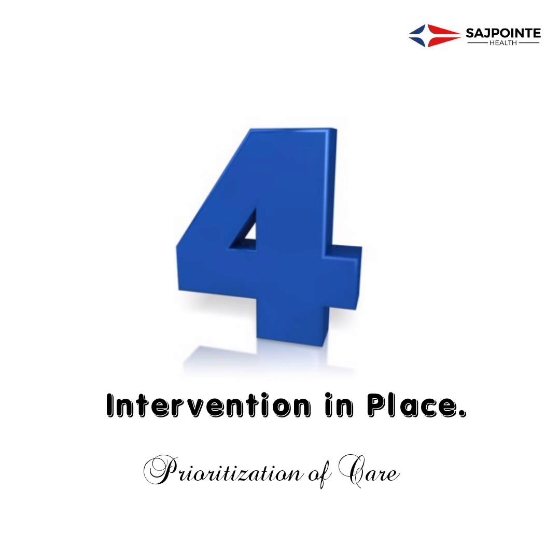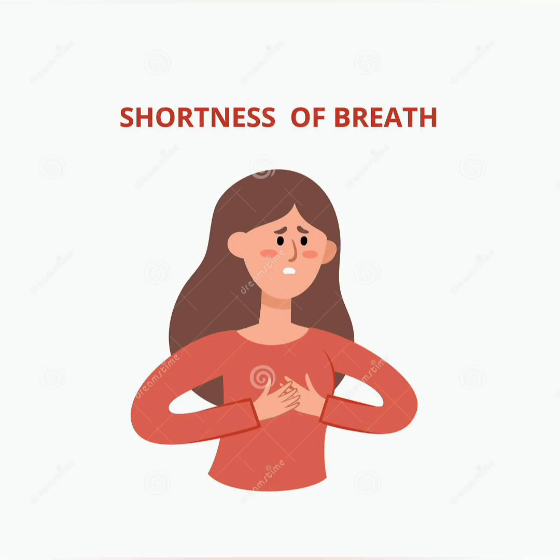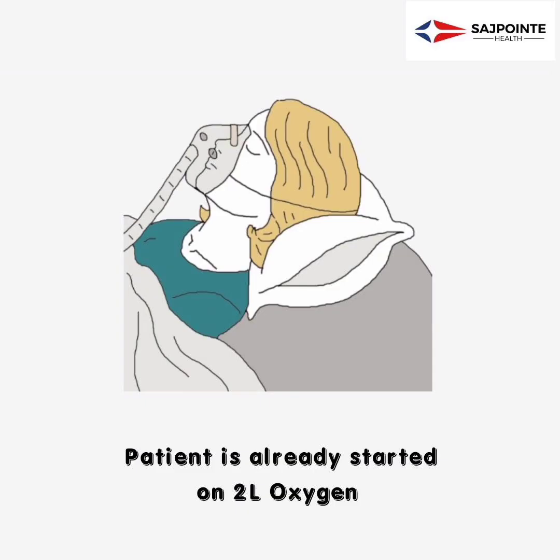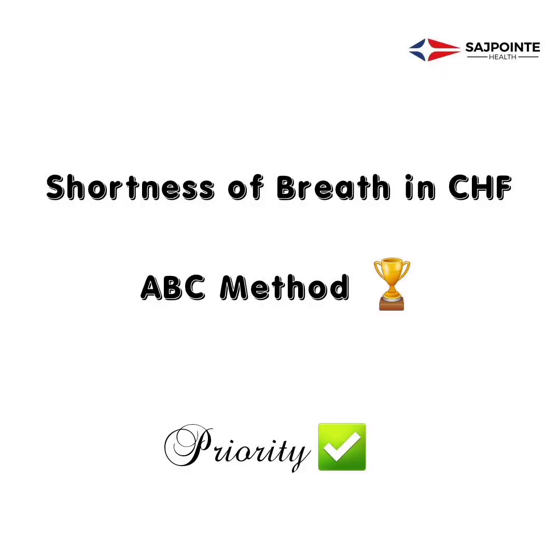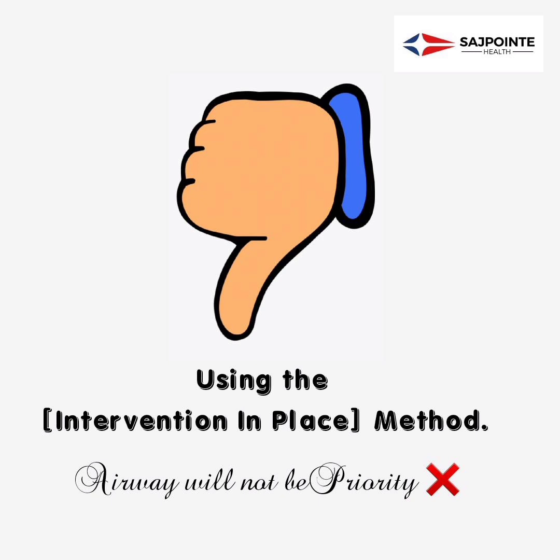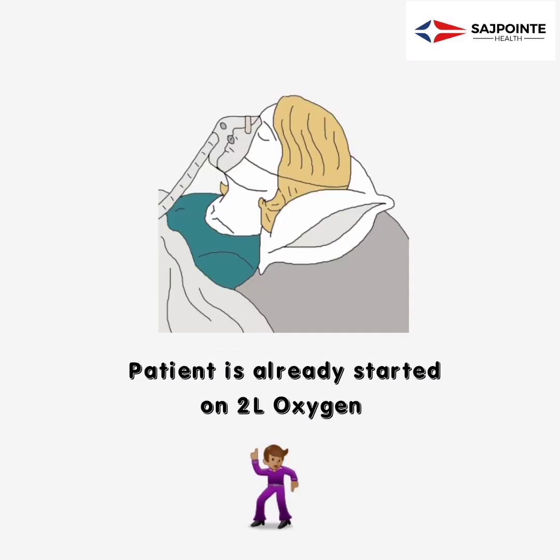It simply refers to when a patient presents with a particular symptom and there's already an intervention carried out to alleviate that symptom. For instance, we spoke about shortness of breath with a CHF patient. If the options say the patient is short of breath and is placed on 2 liters of oxygen already, even if going by the ABC method, airway is always priority, by using this method, it will not be, because there's already an intervention in place for that patient.